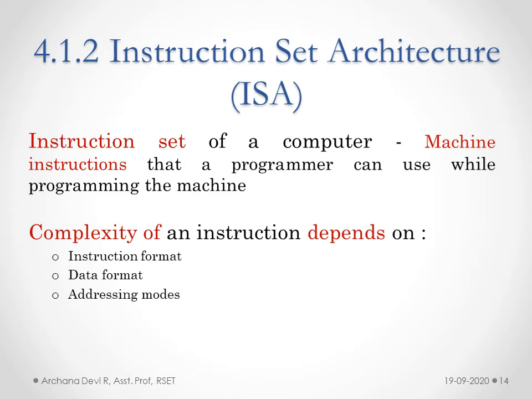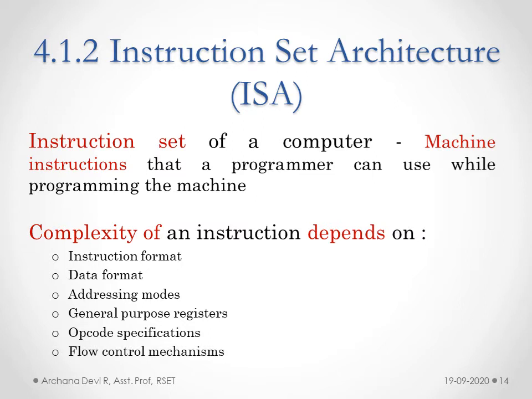Some processors support very few addressing modes, whereas some support more. Then the count of general purpose registers, the opcode specifications, in which all ways you can specify the instructions, and flow control mechanisms, in which all ways data can flow between the instructions. So all these are factors that affect the complexity of an instruction.